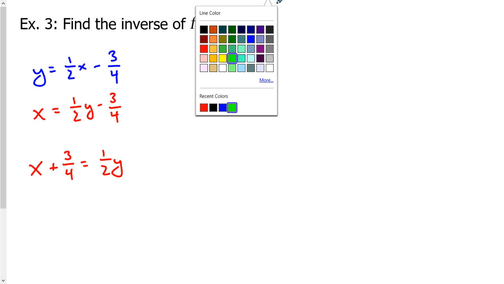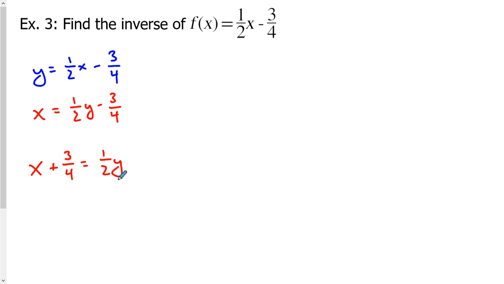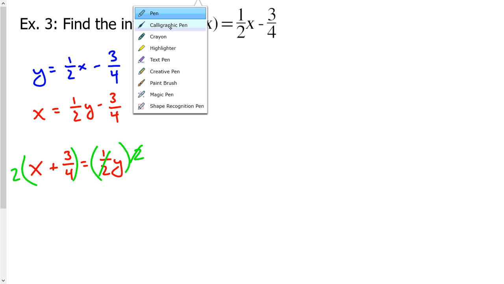Hopefully, we all remember that in order to get rid of a fraction that is a coefficient, you just multiply it by its reciprocal. So I can just multiply everything on both sides by 2 because 1/2 and 2 will multiply to be just 1.